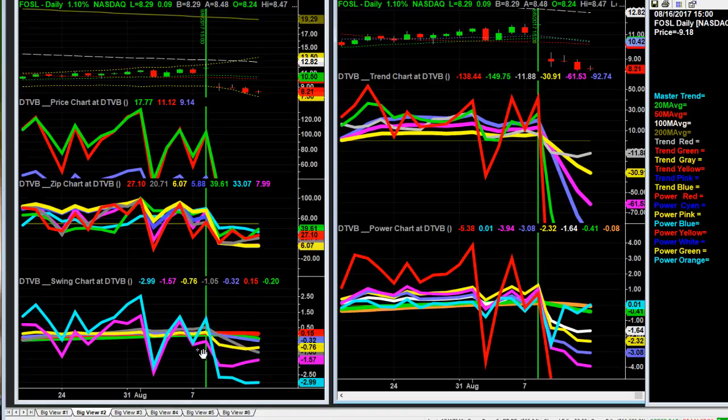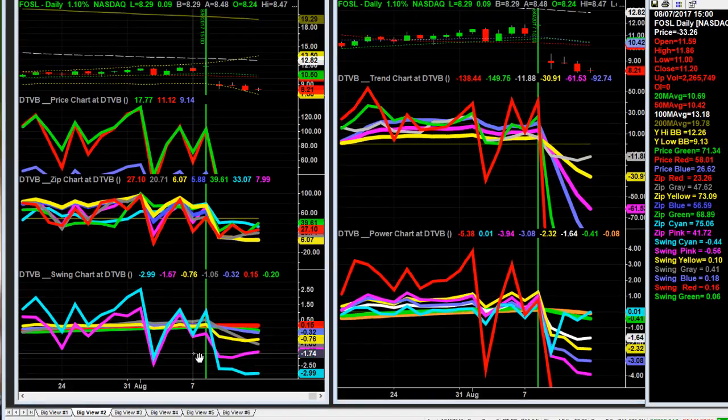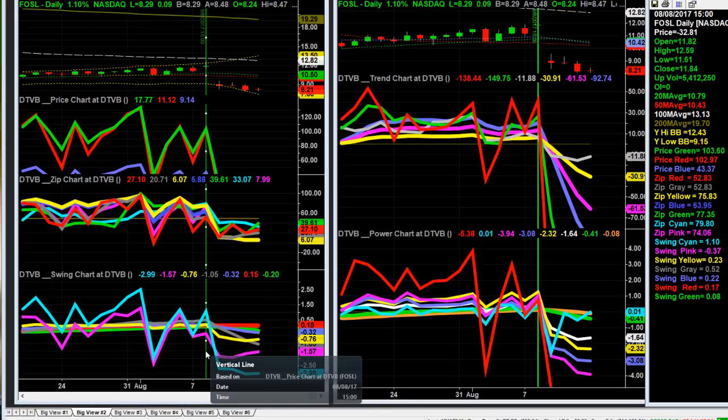Swing Pink and Zip Red are the 2 quickest indicators in the whole system. With Swing Pink only going up a little bit, it went from minus 0.56 up to minus 0.37. So it goes up about almost 0.2.